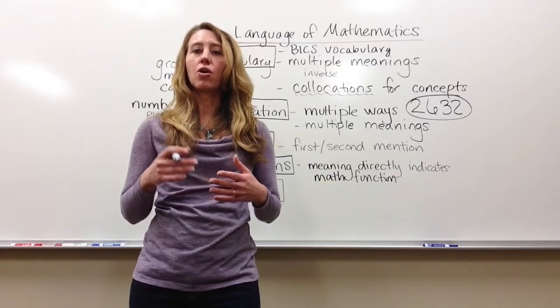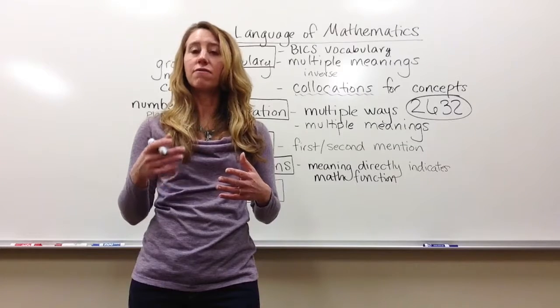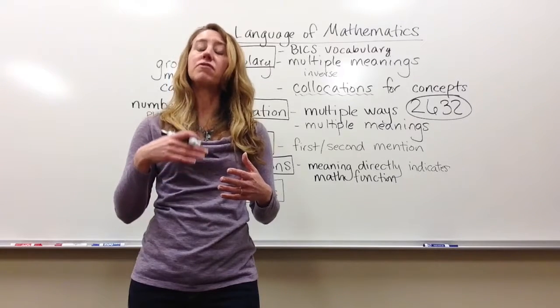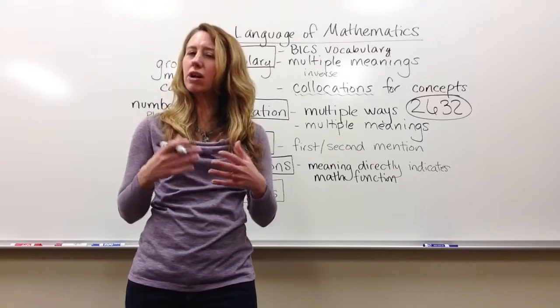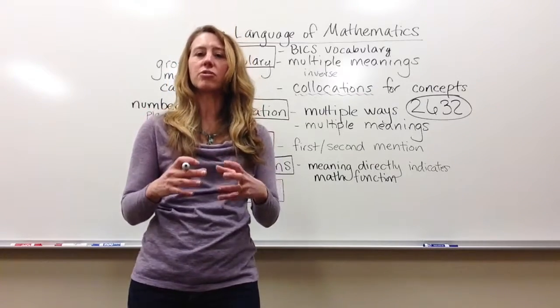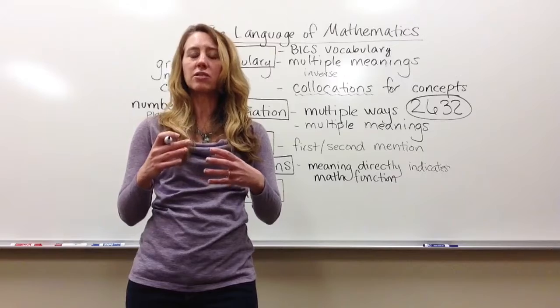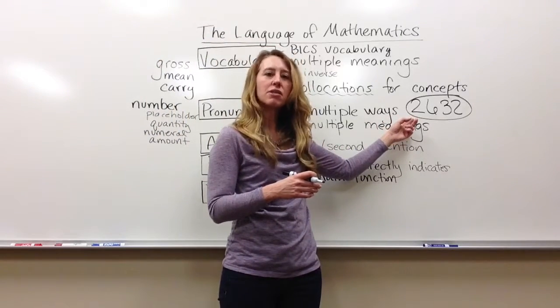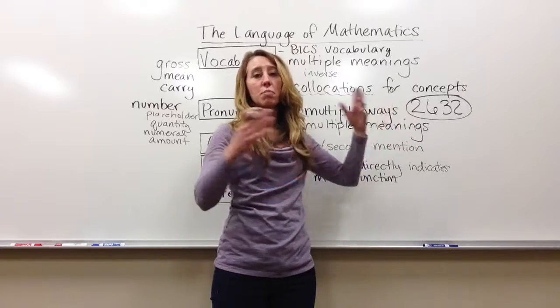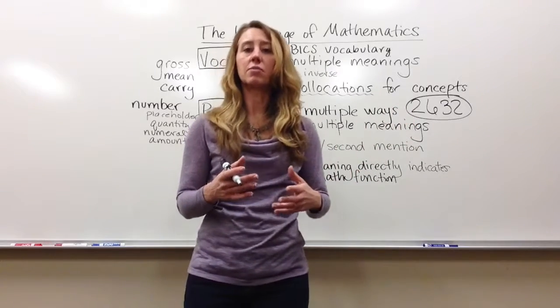8:45, 8:45, 15 minutes till the hour. And so I really struggled. I couldn't get to ground zero because of this multiple ways of saying the same thing. And I think of that when I think of students struggling with the multiple ways that a number can be said.